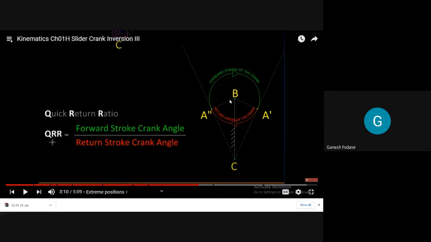Let's say this is theta r, the angle made by A double dash and A dash with B, and this angle is theta f. To get theta r, consider triangle A double dash BC or A dash BC. If the crank length is known to you and either the fixed link or the link A dash C is known, then we can find this angle made by A dash BC.